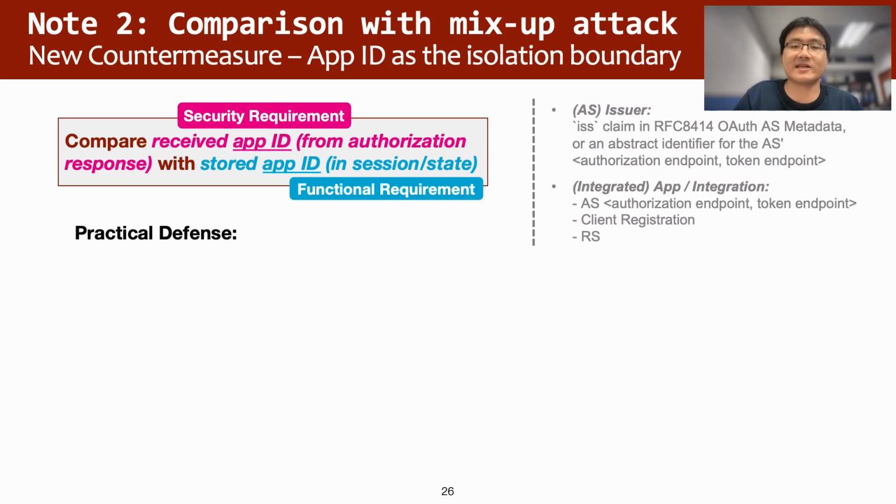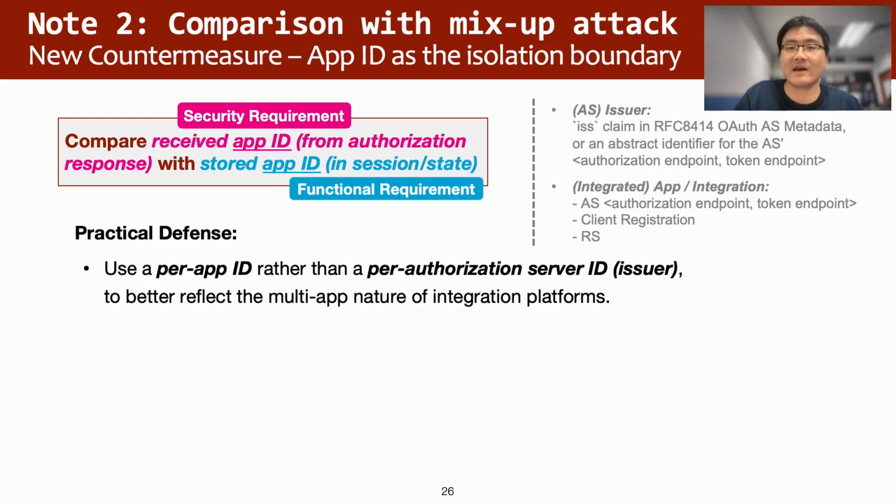So to summarize, we suggest a tailored spec change for integration platforms to be built upon the concept of an app ID. This is an alternative defense where the app ID would be embedded in the redirect URI during the pre-registration and also OAuth flows.